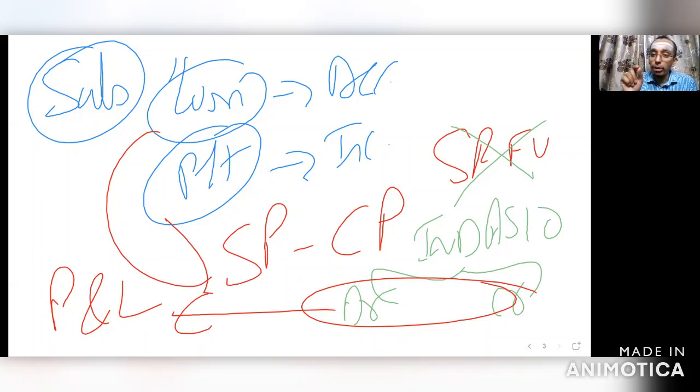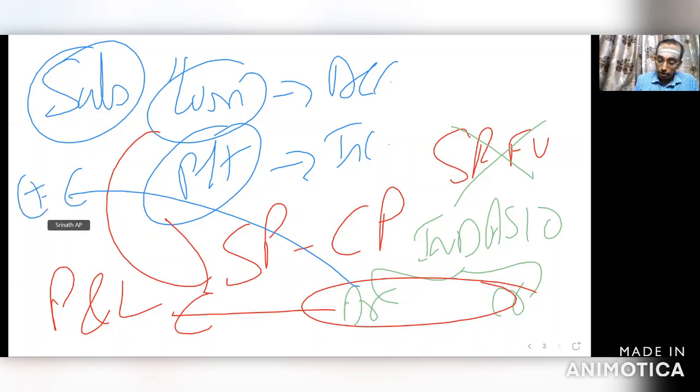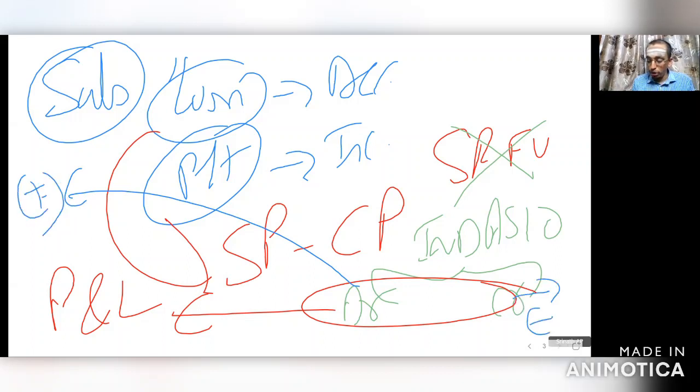As per INDAS, it might be debited or credited to the P&L account. If it is debited, you will add. If it is credited, you will reduce.